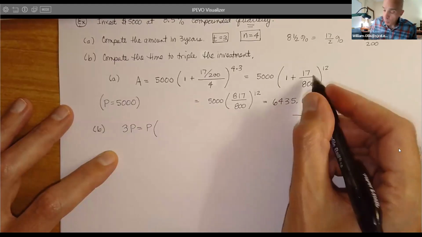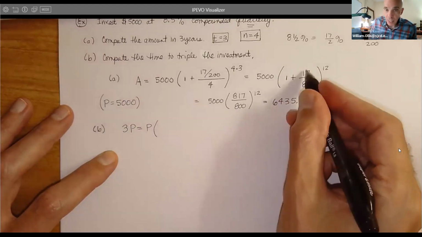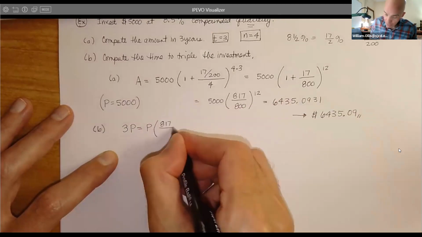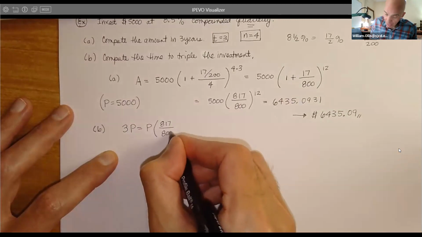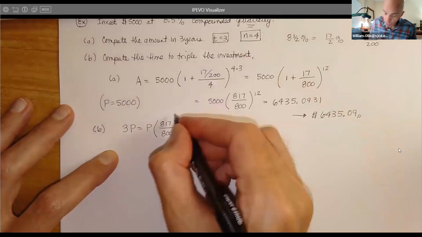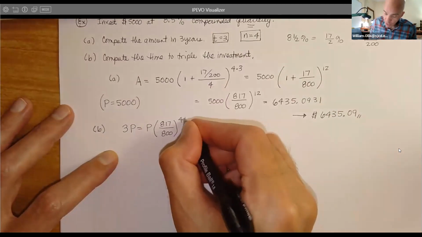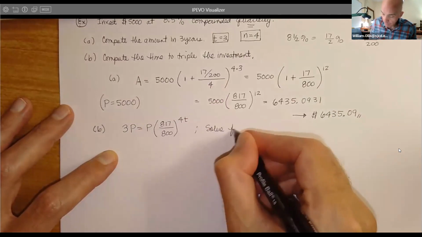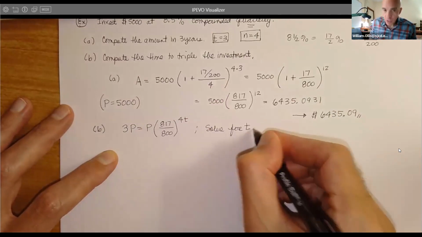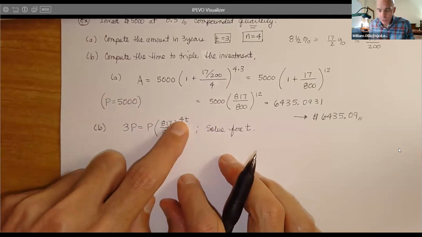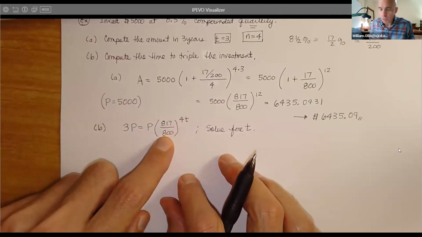That is, we have the 1 plus the r over n, which is 817 divided by 800. And now we have 4, which is the n, but the t we don't know, so we have 4t. So basically, we have to solve for t. Again, we know that the n is fixed. We know that the 1 plus r over n is the fixed base of our exponential function.